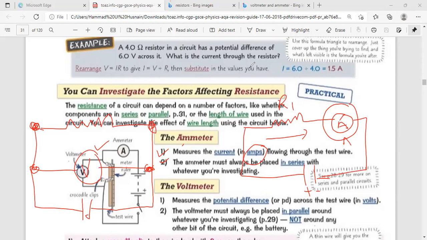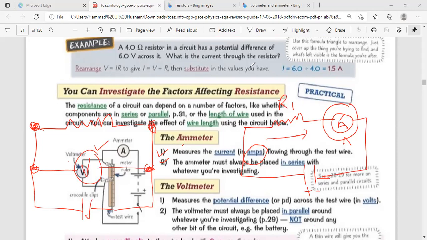Right. So the voltmeter is in parallel, because the voltmeter is used to measure the voltage, and we know that voltage is the same in parallel circuits. And the ammeter is in series, because we know that in series the current is the same.